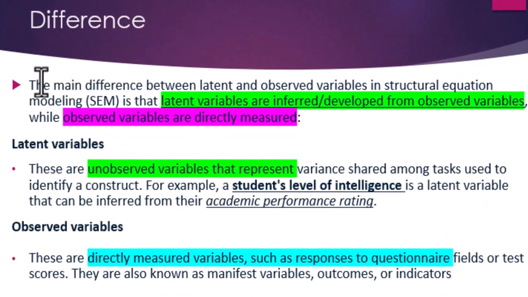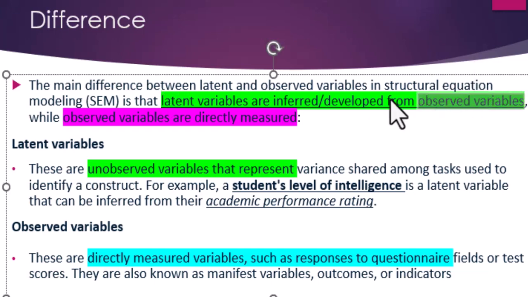The first thing that we should note about the difference is that the latent variables are inferred or developed from the observed variables. That means that from the observed variables, we develop the latent variables, while the observed variables are directly measured.